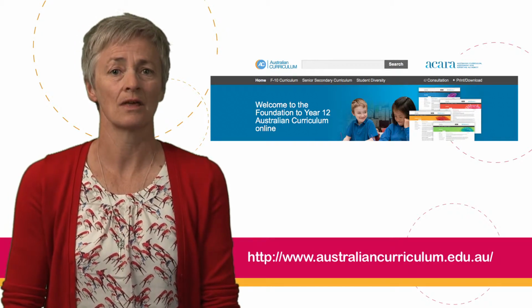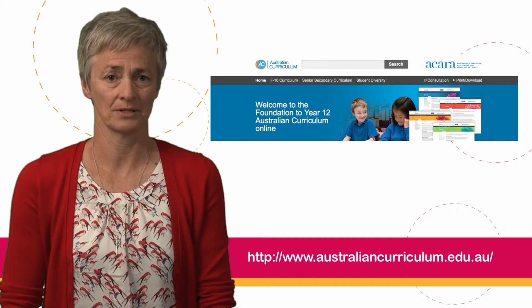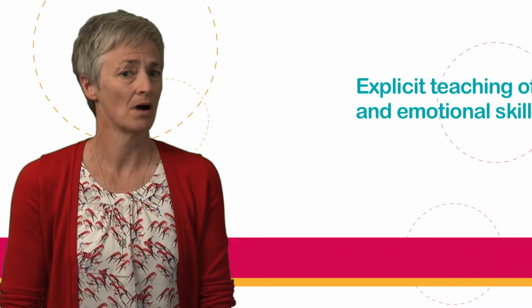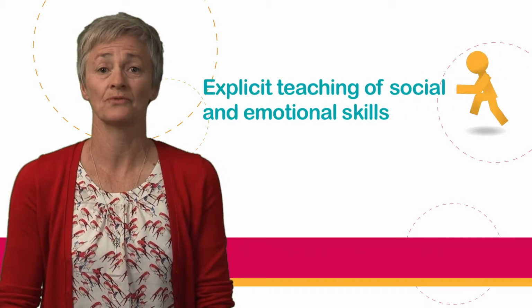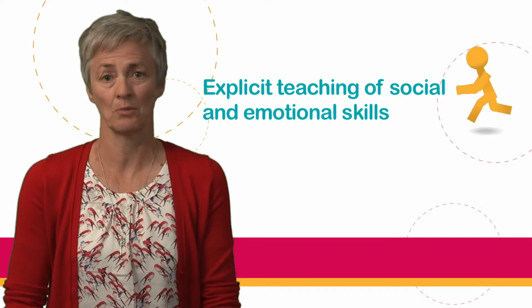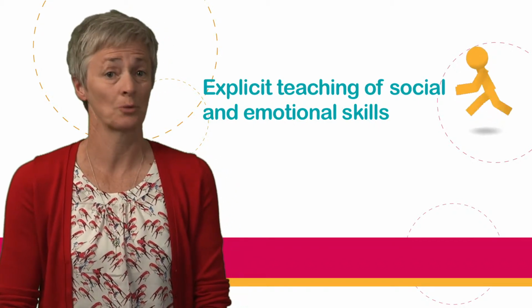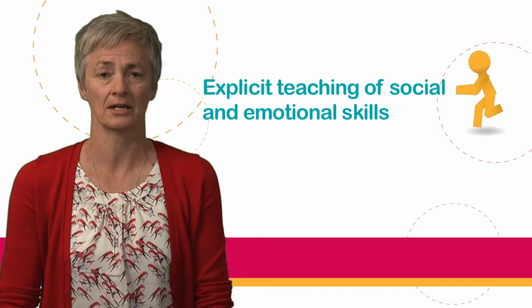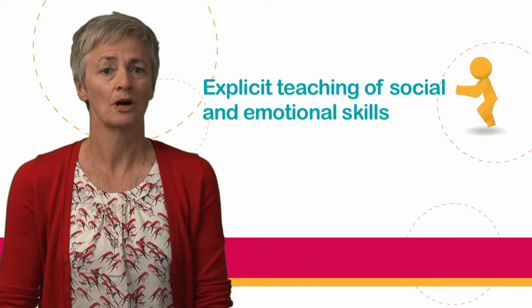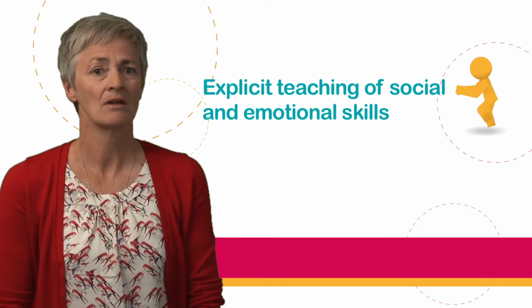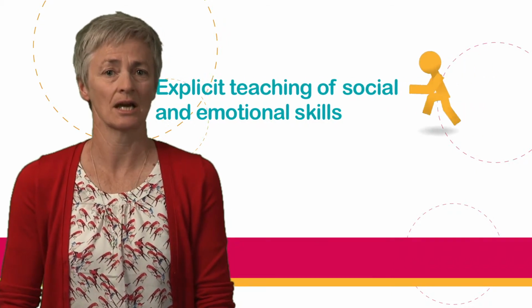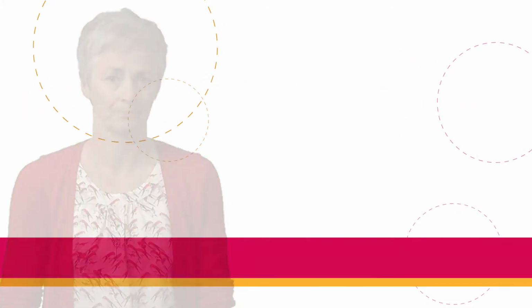There are links here that work with KidsMatter and MindMatters. Both KidsMatter and MindMatters emphasise the importance of the explicit teaching of social and emotional skills. This is based on the correlation between social and emotional competence and student academic achievement. We know that when a student is well and happy, they are more likely to be connected and engaged with school and learning.